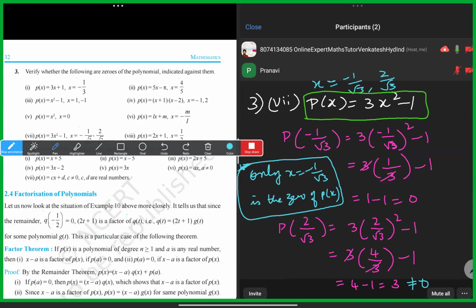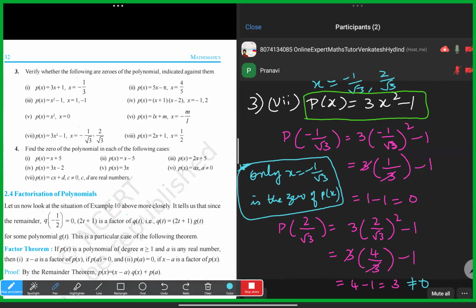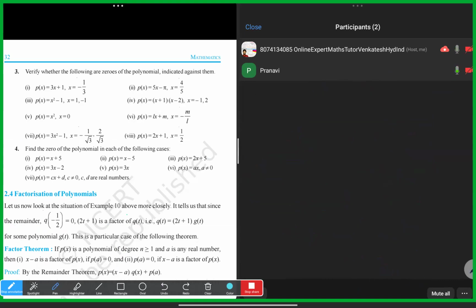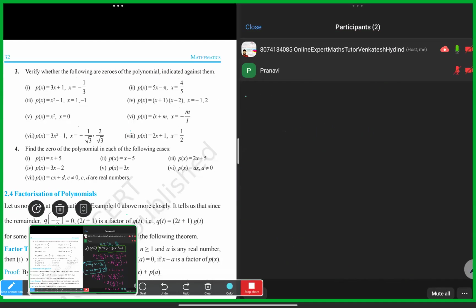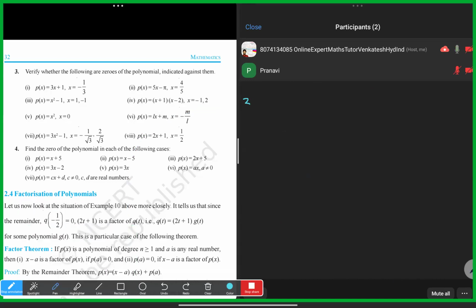Any doubt? Shall I go to the next question? Yes, I understood this. Okay. Third one, wait. So p of x is equal to 2x plus 1, where x is equal to 1 by 2.